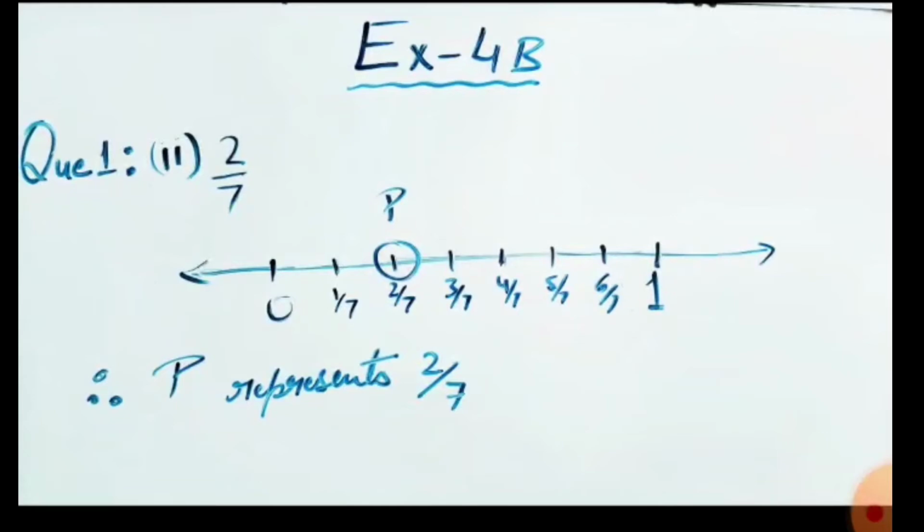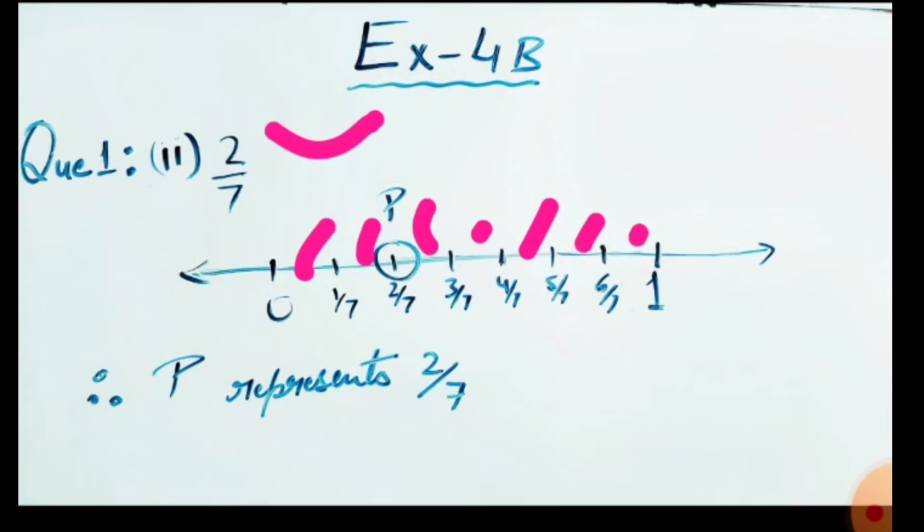Now come to the second part of question number 1, 2 by 7. Again we can see the numerator is smaller than the denominator, so it will lie between 0 and 1, and its value will be less than 1. So here we are taking 0 and 1, and we have divided this length from 0 to 1 into 7 equal parts. You can see 1, 2, 3, 4, 5, 6, 7, there are 7 parts.